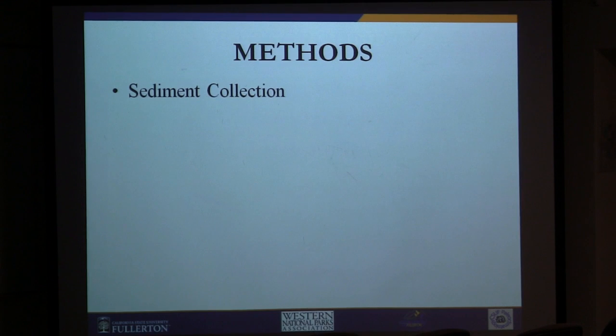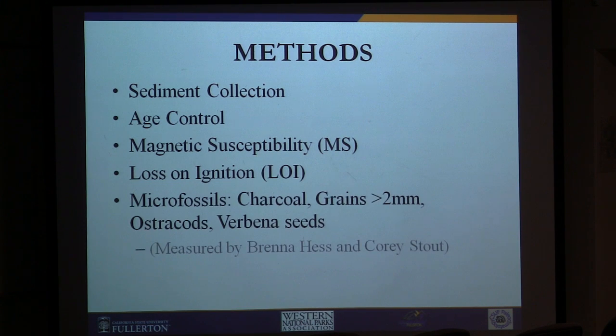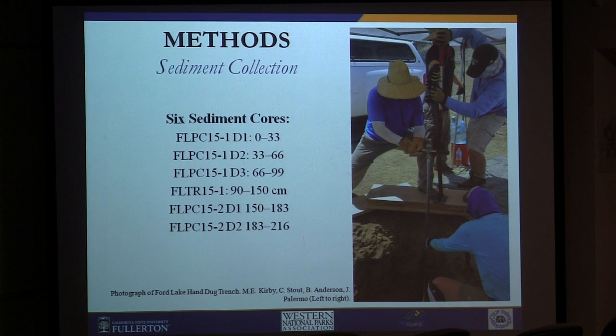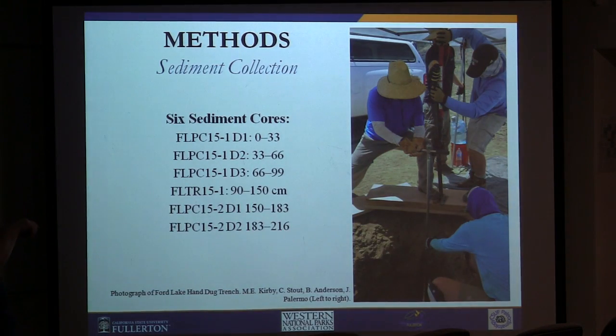For methods, we had sediment collection, age control, magnetic susceptibility, loss on ignition, microfossils, and grain size. Here we are digging. This is actually a push core in a trench. We took out 6 sediment cores. One of them was a trench.